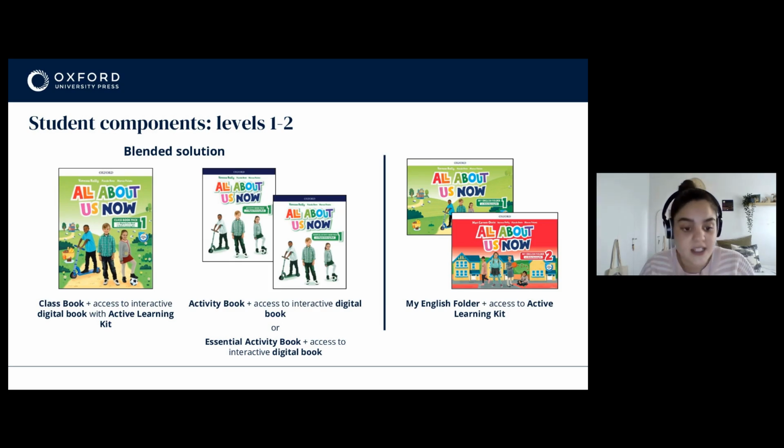The context of All About Us Now, the projects, the songs, the stories, they are all part of My English Folder. And there is a resource bank style iPack. So the classroom presentation tool is resource bank style, in addition to all the print classroom resources that you would usually have, like flashcards or posters, etc.